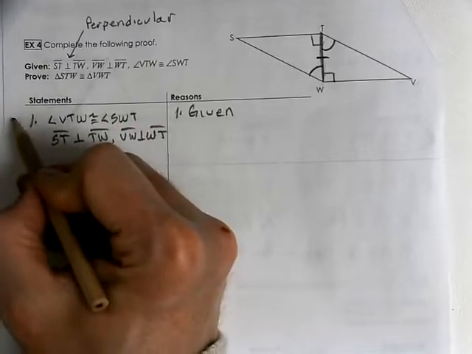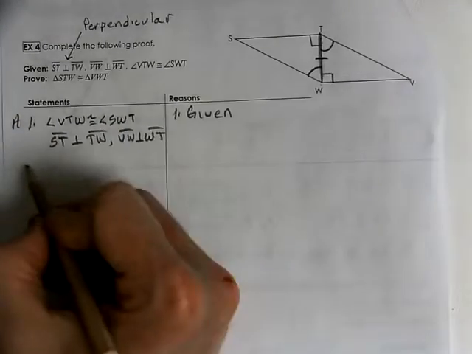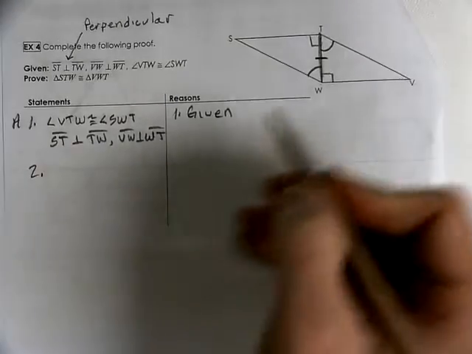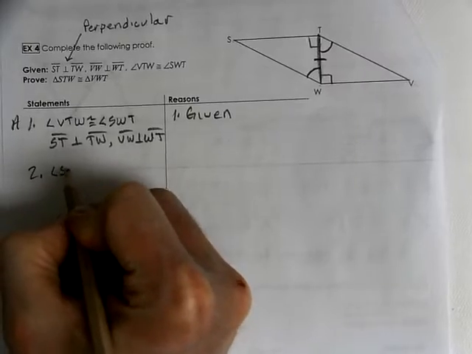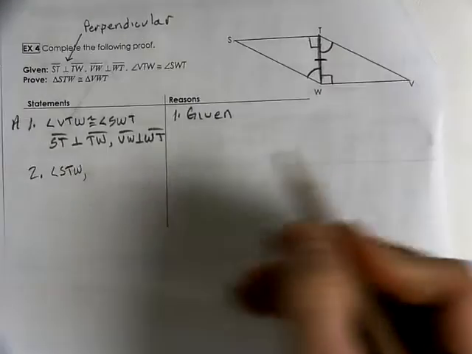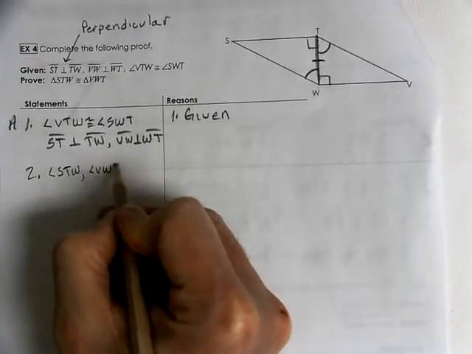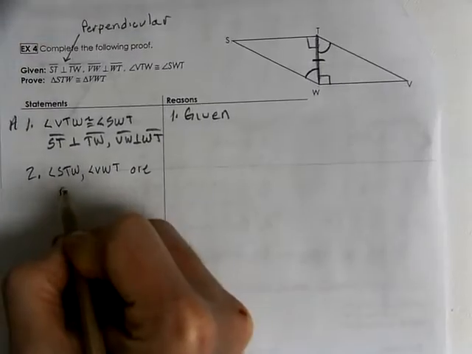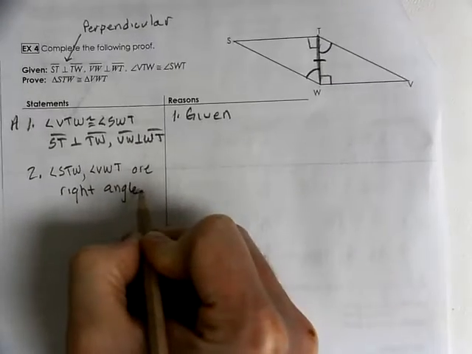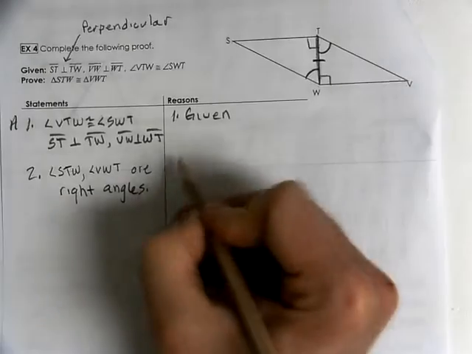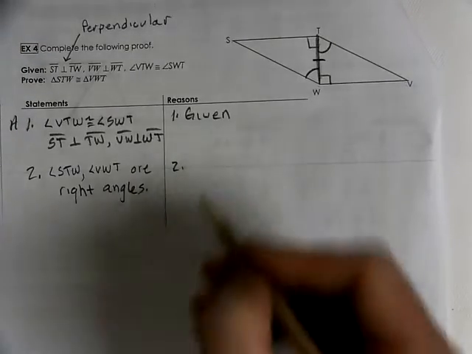So this first angle was up here. That was our A. Now the perpendicular tells us that angle STW and VWT are right angles. Some people think it's kind of silly to make that statement, but we can't get to congruent. We got to go through right.